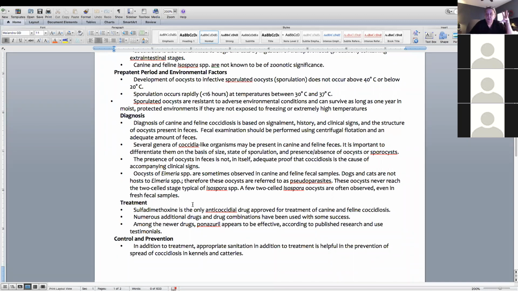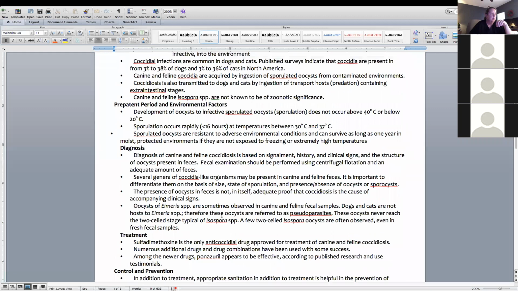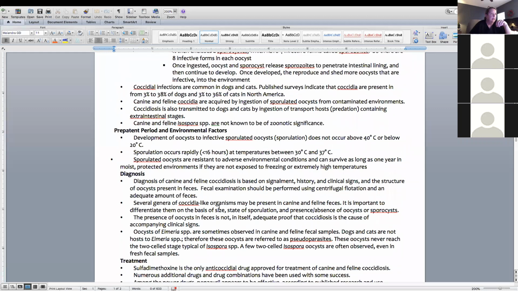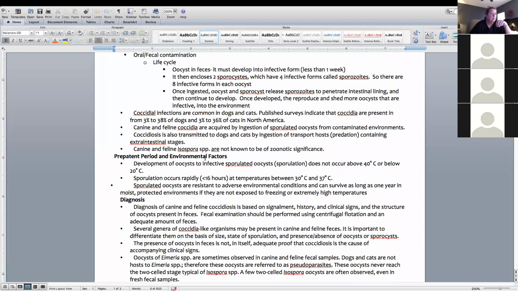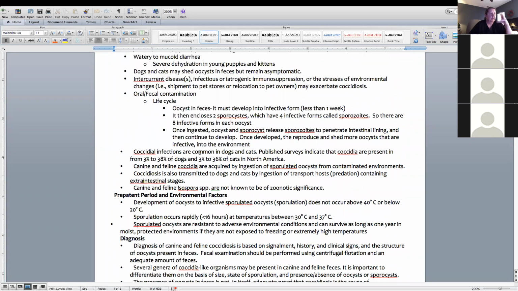Okay, so I want you to know it has Albon. The generic name is sulfadimethoxine. It is a liquid. If we talk about the spreading, normally most of it is going to be spread via contamination, oral fecal contamination.